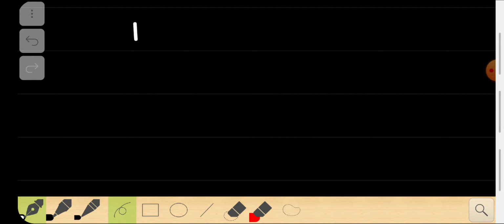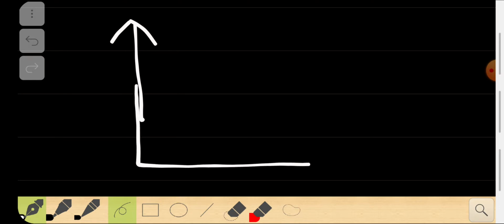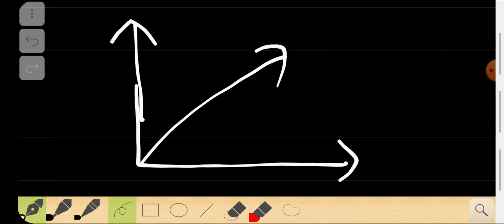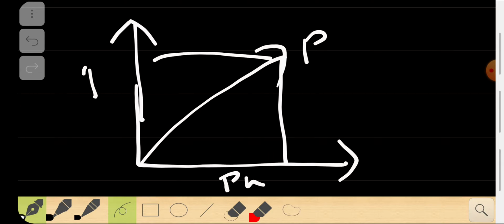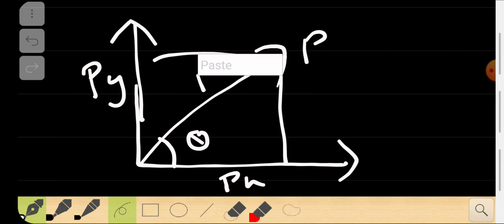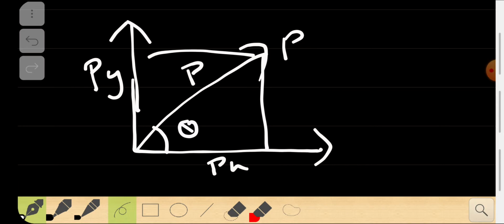For that, we take the same coordinate system and draw the vector, and say that vector p has an intercept of px here and py here. If you introduce an angle theta here, and the magnitude of the vector is p, then you can use trigonometry and find the ratio of these sides.